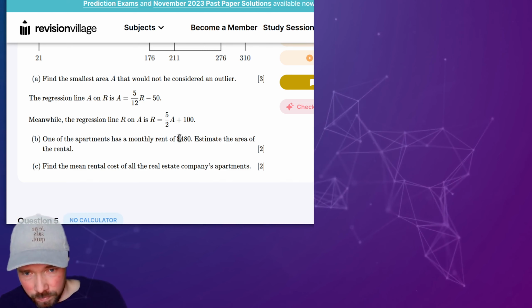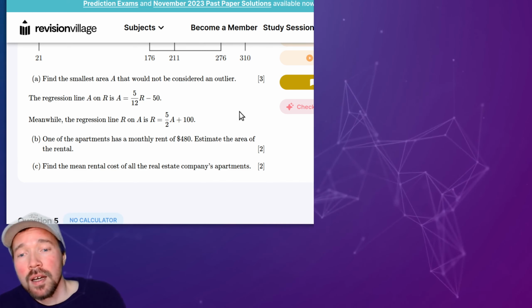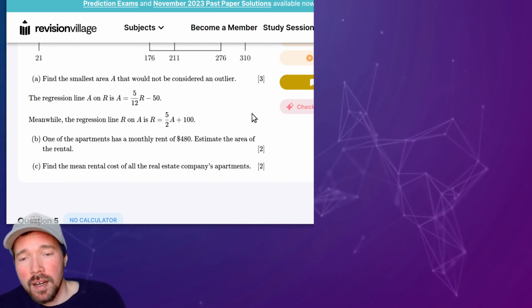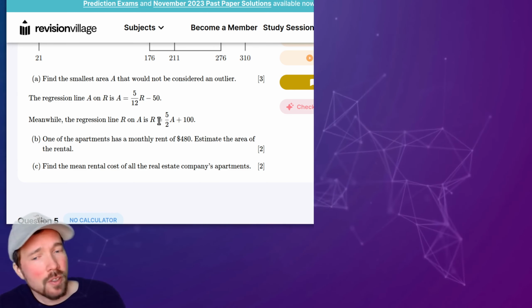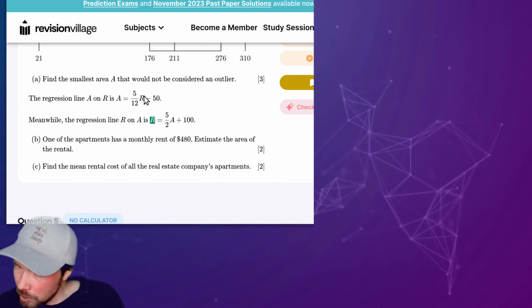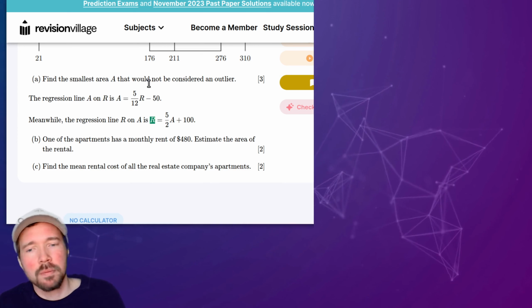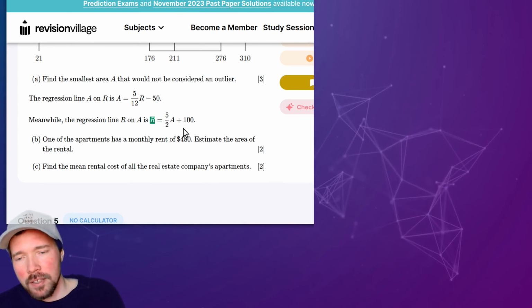By the way, the intersection of these lines is the mean. From the intersection of the lines, you get the mean of both of these variables, which is not an easy thing to see, and I could not find that in any of the books, though I've seen a similar exercise before.